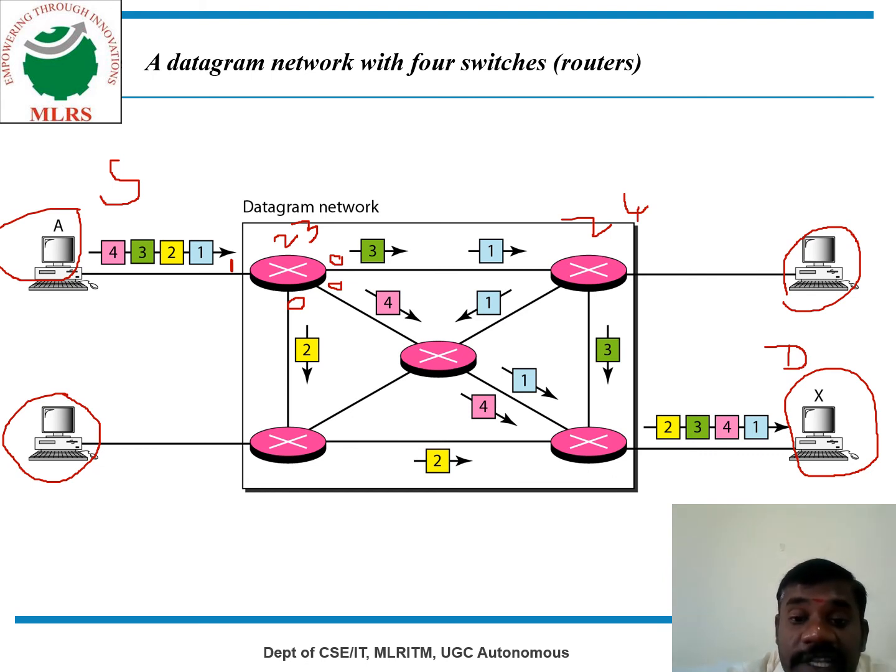That means every switch must have an identification address. In switch one, how many incoming ports are there? One incoming port and three outgoing ports.